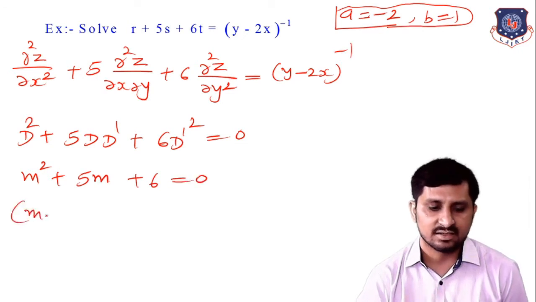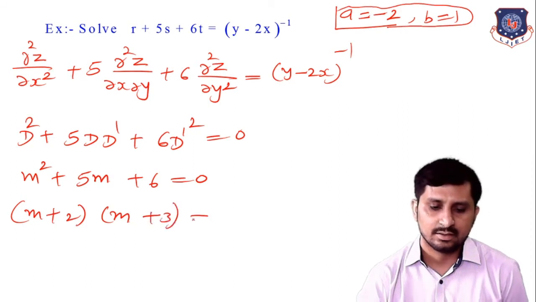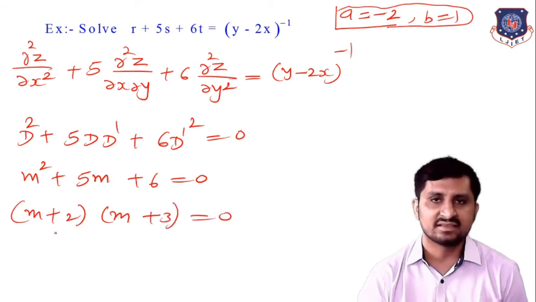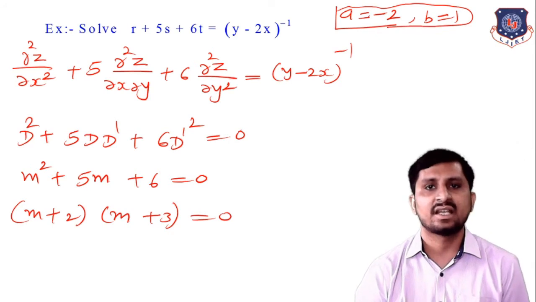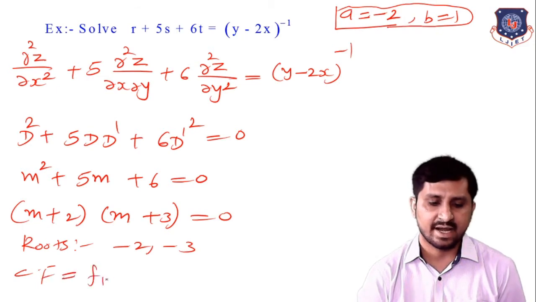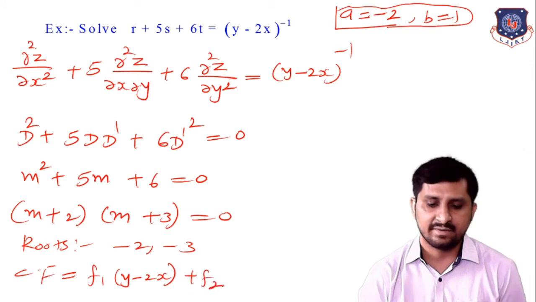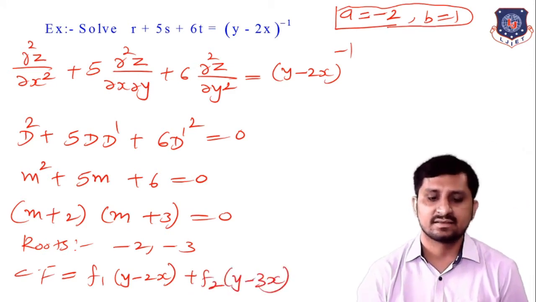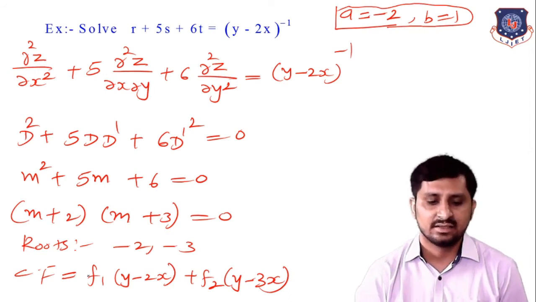So m plus 2 into m plus 3, so roots are minus 2 and minus 3. So the complementary function I can write as f1 of y minus 2x plus f2 of y minus 3x.